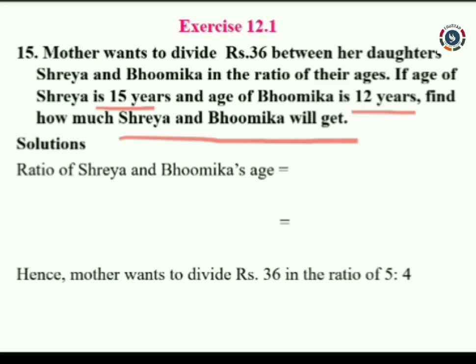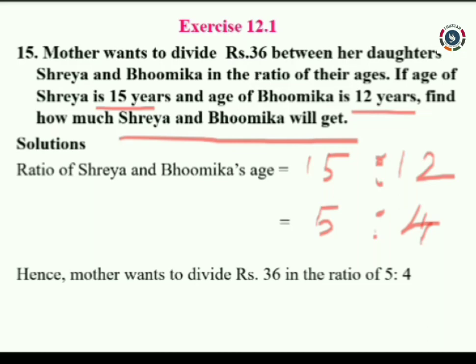Now, how will you write the ratio? Shreya to Bhumika, right? Shall we reduce this ratio? Yes, both are divisible by 3. So 5 3s are 15 and 4 3s are 12. So the ratio is 5 is to 4.